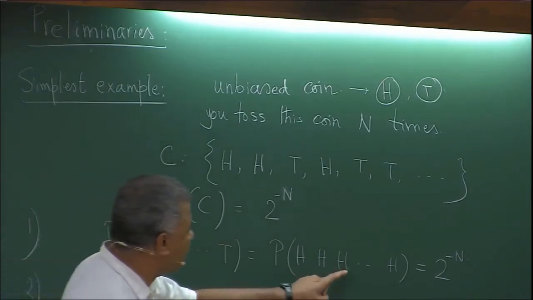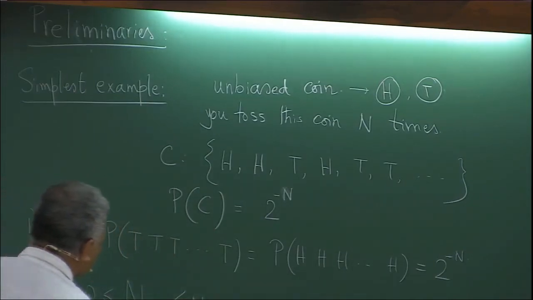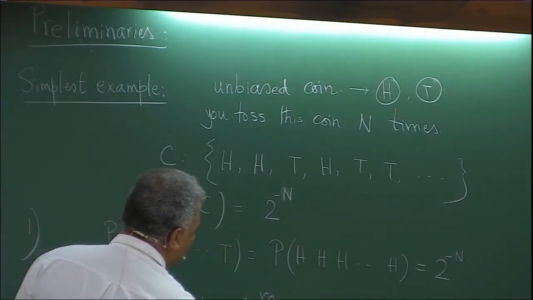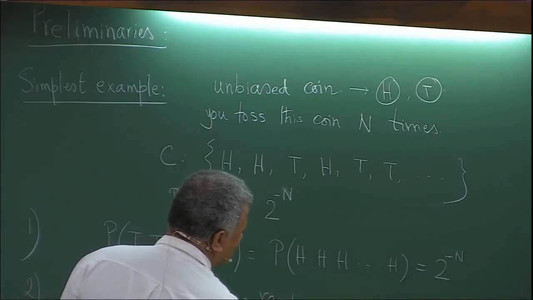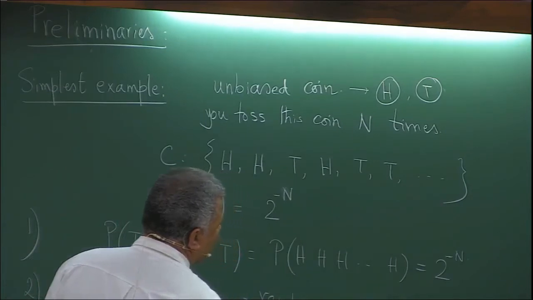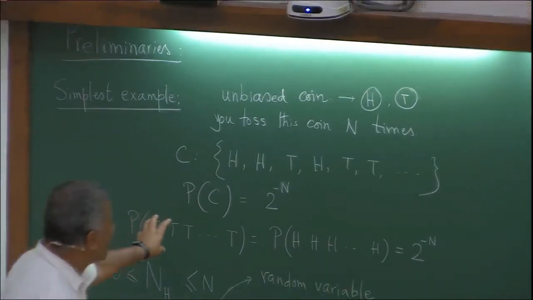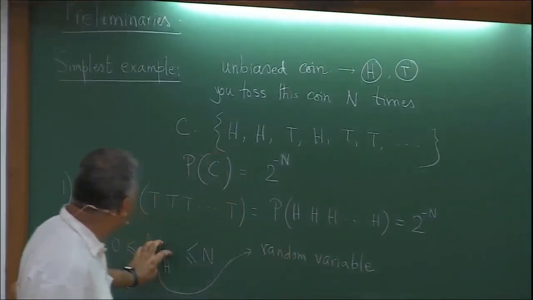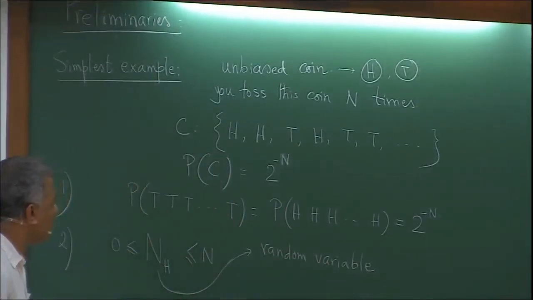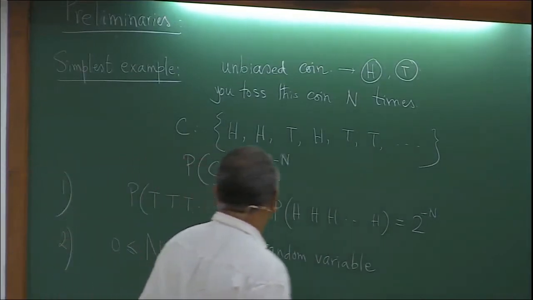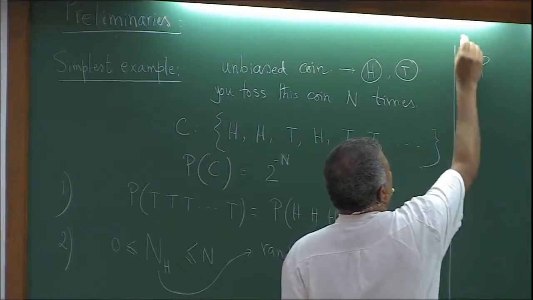In this configuration, n_H is capital N. So this is a random variable which fluctuates from configuration to configuration, and these are the two extreme cases where it achieves its values 0 and n. So let's ask, what is the probability distribution of this random variable? This is number 2.